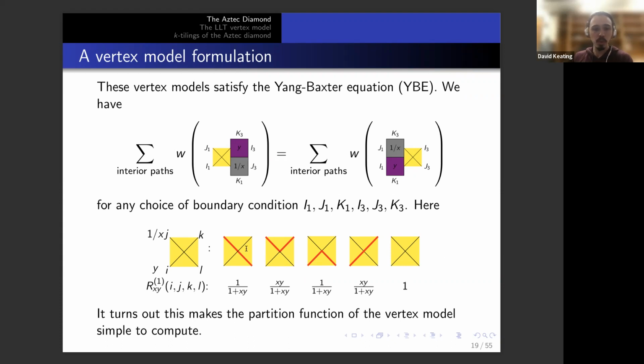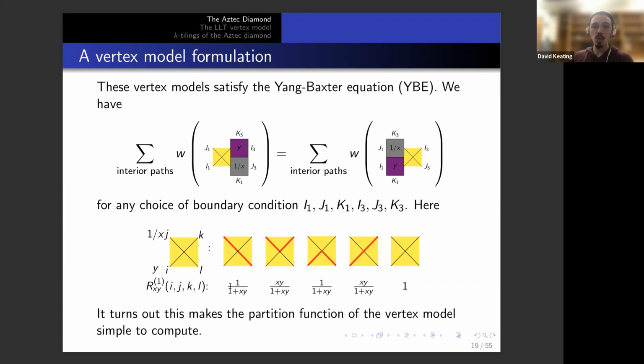So the important bit for us here is the empty weight, which is just 1. And when the path goes diagonally from the top left to the bottom right, you get a 1 over 1 plus xy.